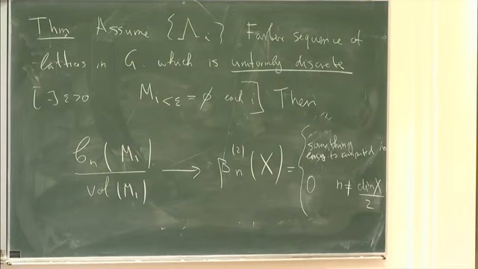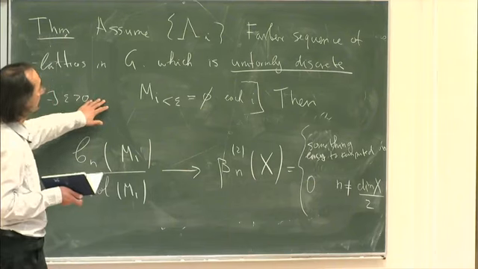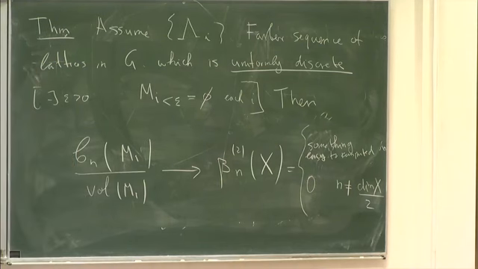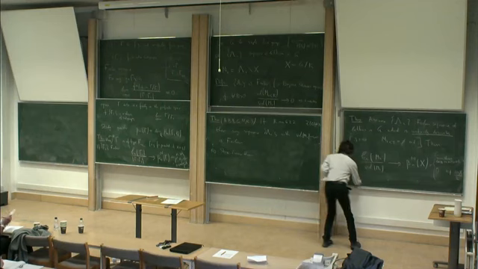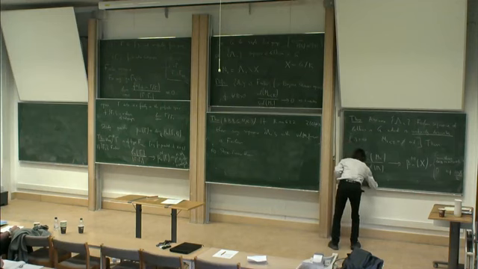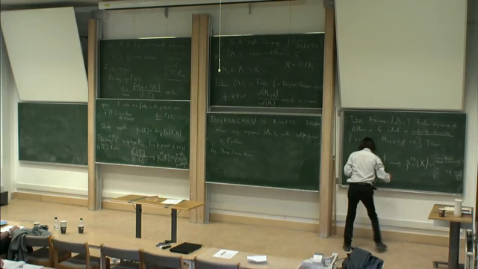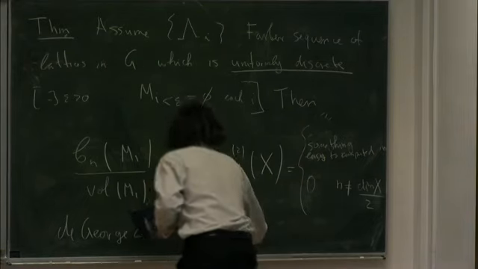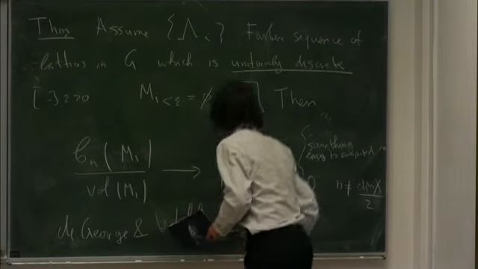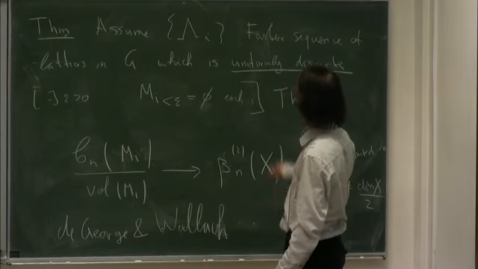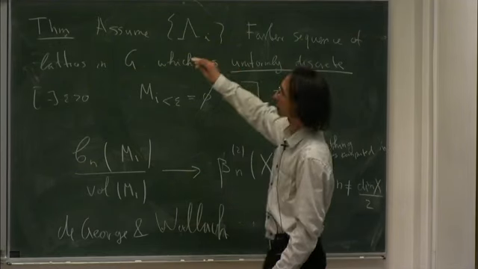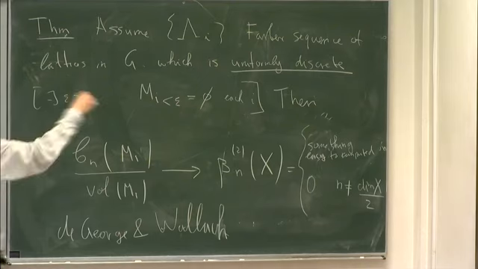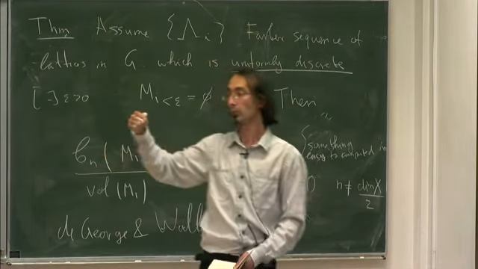Okay. Now, this generalizes a classic theorem of De George and Wallach, who proved the same result in the case when you take a sequence of normal finite index subgroups with trivial intersection in one cocompact lattice in a Lie group.